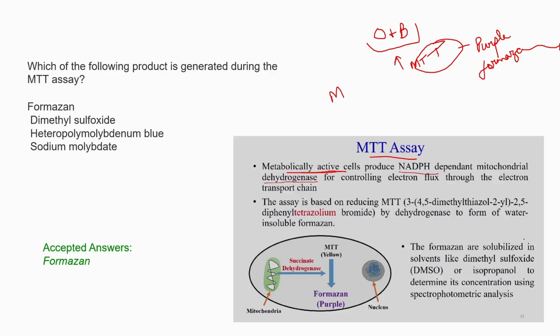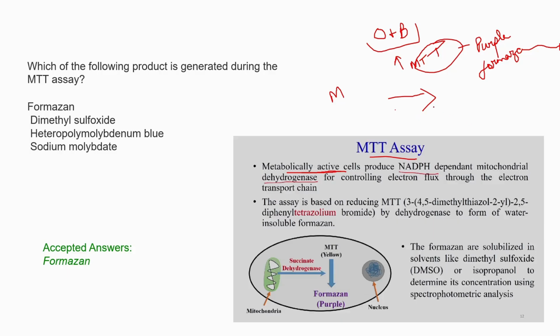The formazan is solubilized in solvents like DMSO or isopropanol to determine its concentration using spectrophotometric analysis. With increasing percentage of metabolically active cells, the purple formazan color will get darker and darker, and the color changes from yellow to purple.